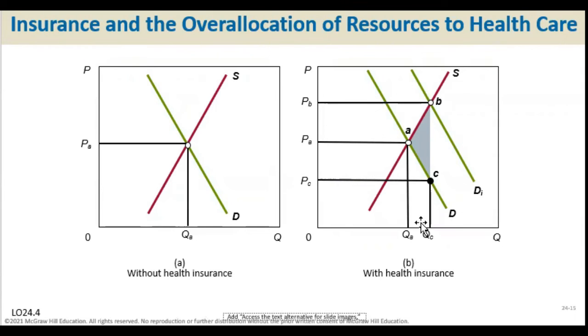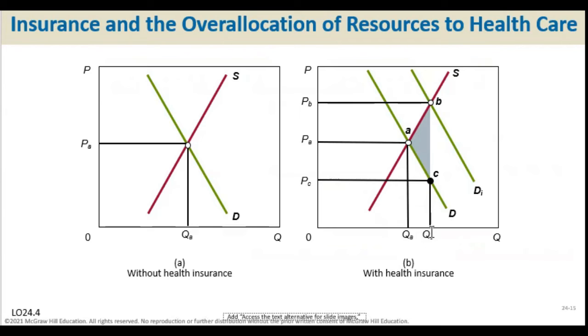But if you look at the figure with healthcare insurance, the cost is lower, and the overuse of healthcare increases the demand for healthcare. So with the demand being here, you can see that what happened is the overuse.